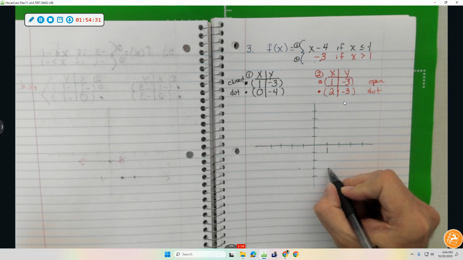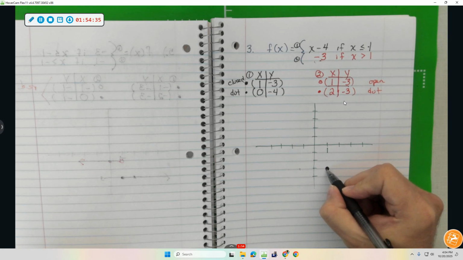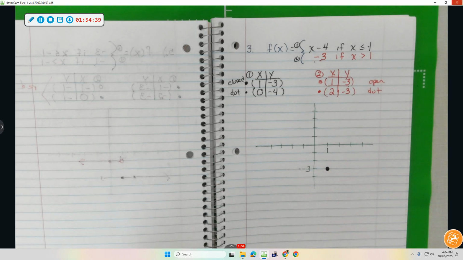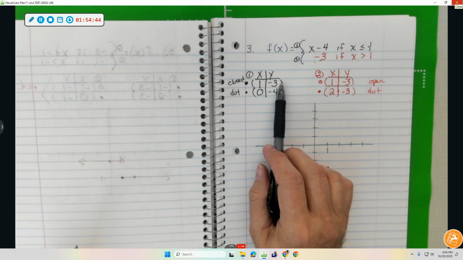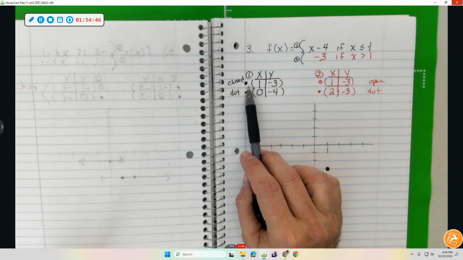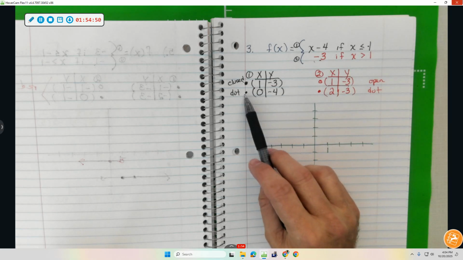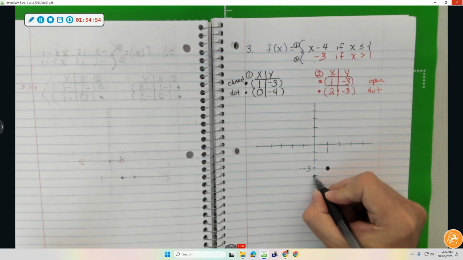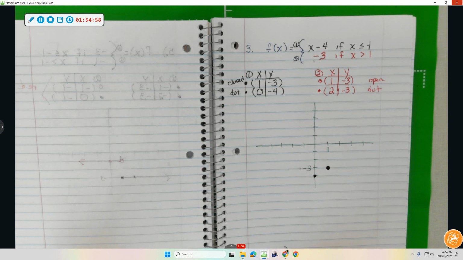Fill it in. So I just plotted this point. Right 1, down 3, put a closed circle. Now over 0, down 4. Put a dot. How am I going to connect those?